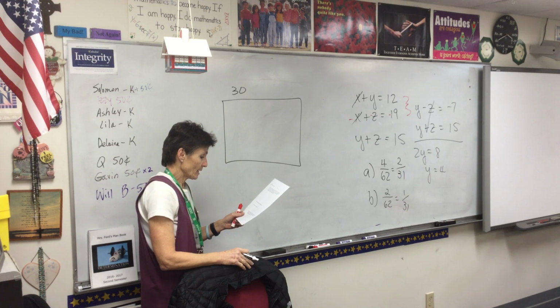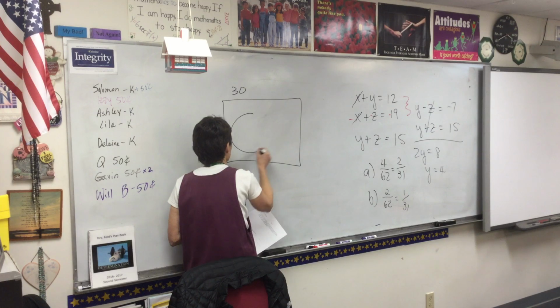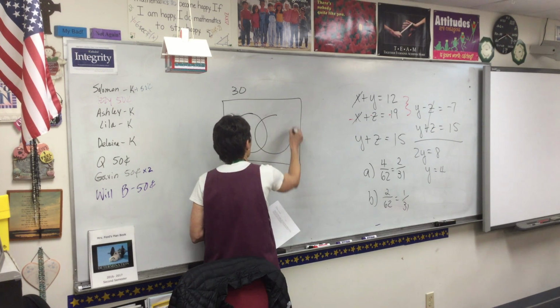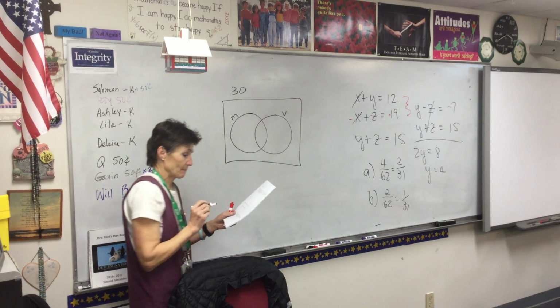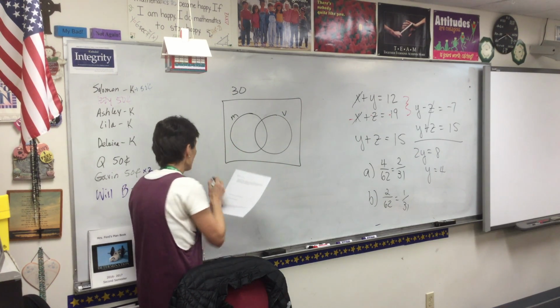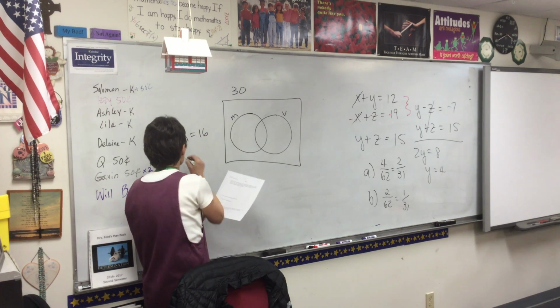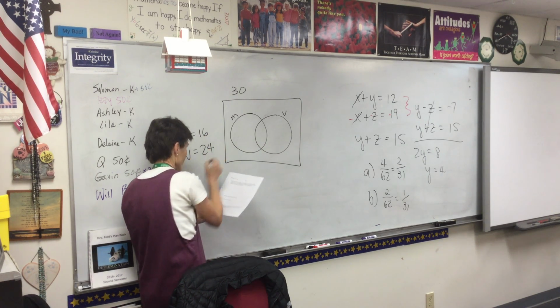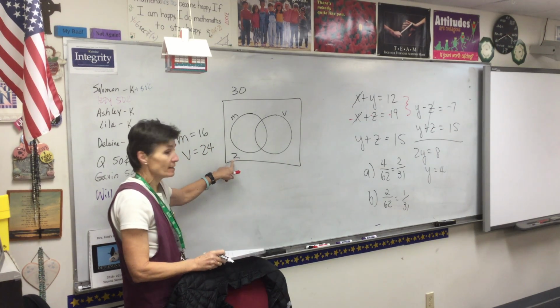There are 2 kids who don't like either. How many like only vectors? So we have just matrices and vectors in this problem. And we know that the matrix ball is 16 and the vector ball is 24. And we know there's 2 kids out here, right?